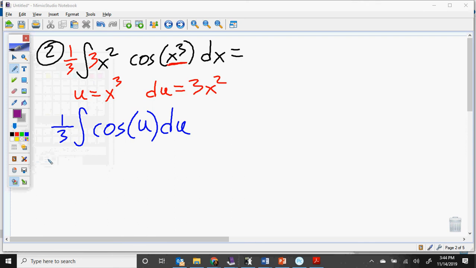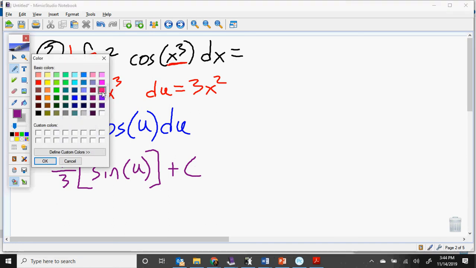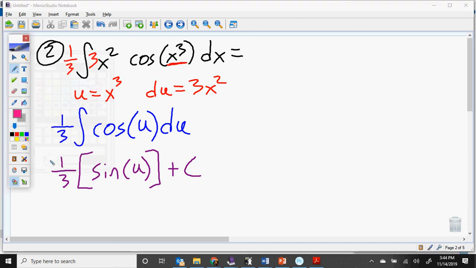If I do the integral of cosine of u, the integral of cosine u is sine u. Tack on the plus c. And then last thing I need to do is substitute in.